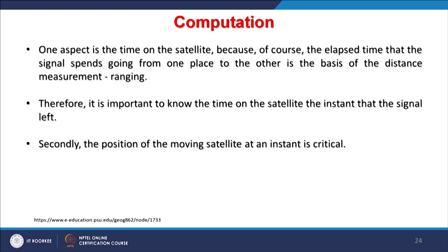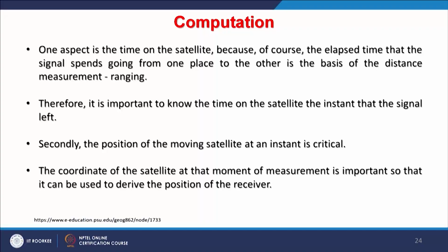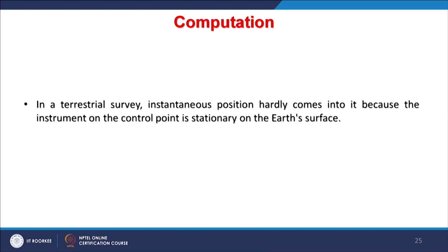So position estimation becomes much more crucial, because our control points, which are satellites, are moving, and the receiver is also moving. So the coordinates of the satellite at the moment when the measurement is done are important, so that they can be used to derive the position of the receiver.